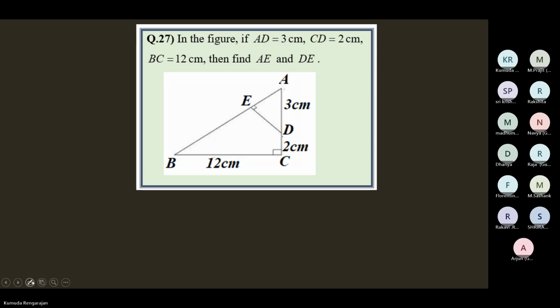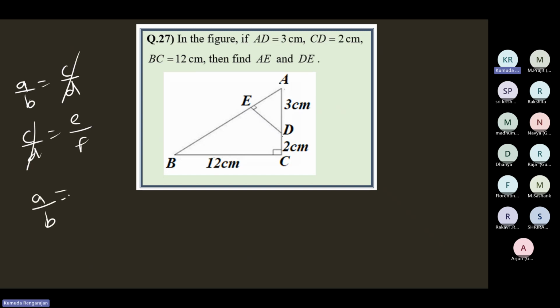If you have A by B is equal to C by D and C by D is equal to E by F, in these two proportions, C by D is common. So the new result is A by B is equal to E by F. So this we do when in the two proportions we have a ratio common.